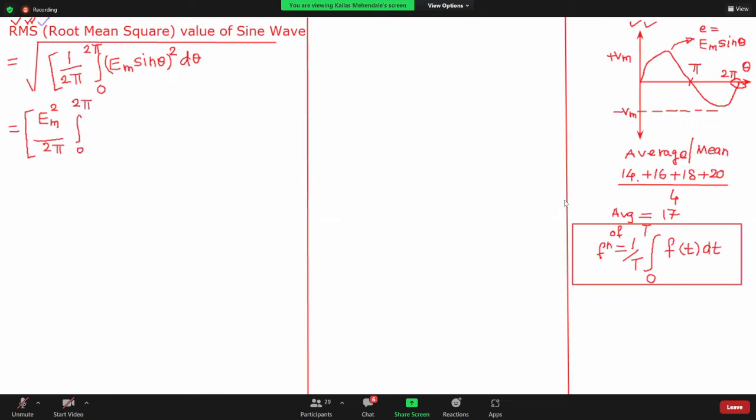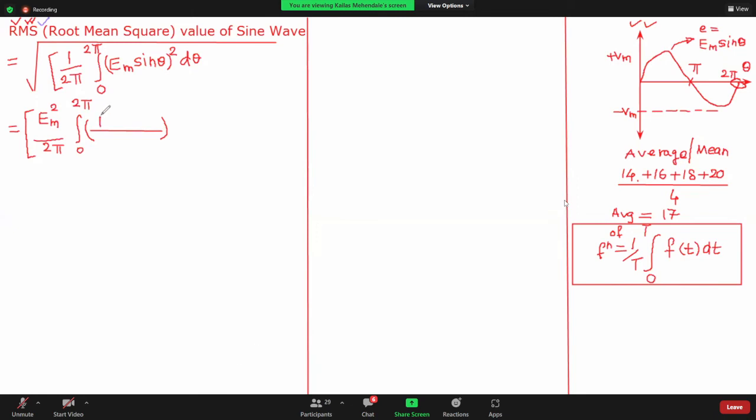Now we are not happy with the sine square theta. I cannot integrate that, so some mathematical manipulation has to be done. Do we remember what we substitute for sine square theta? Absolutely correct. It is 1 minus cos 2 theta by 2.